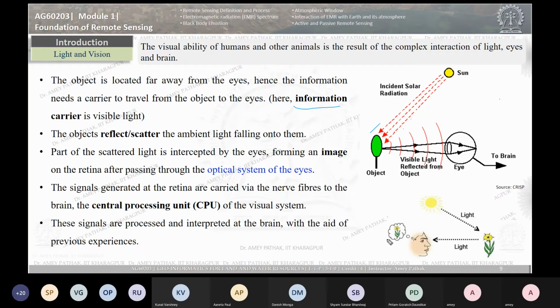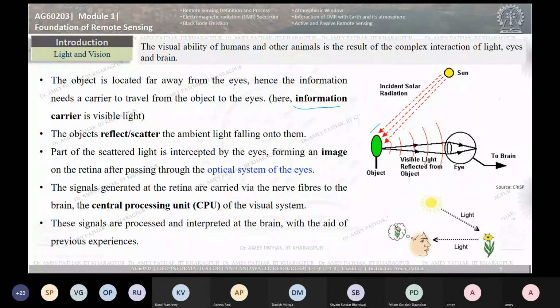These signals are processed and interpreted at the brain with the aid of previous experience. The brain collects the information. When you see a flower for the first time, you don't know whether it is a flower. When you first see an object, the brain records that information and assigns some tag to it.